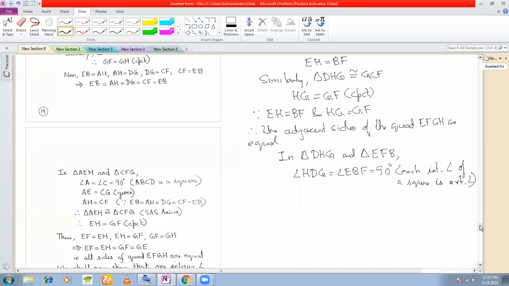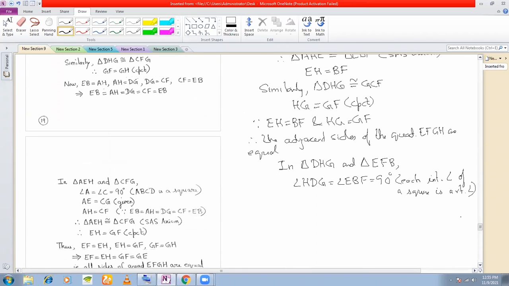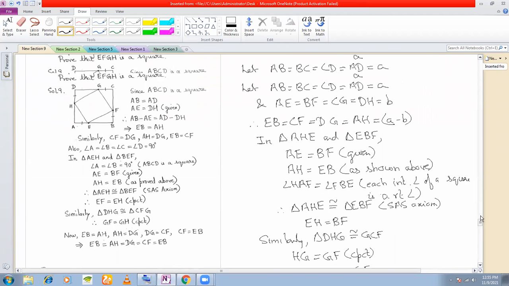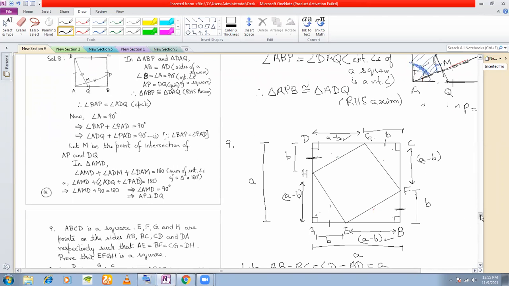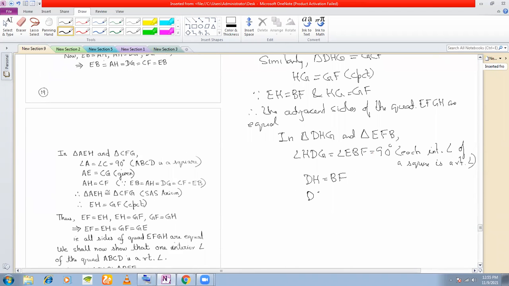Right? Next, what are the sides? DH is equal to BF. Next, the side with the length a minus b is DG. DG is equal to EB. This was given to you. This is as shown above.